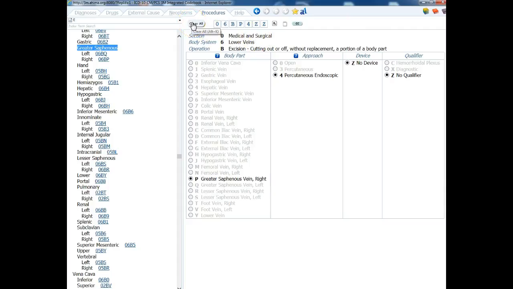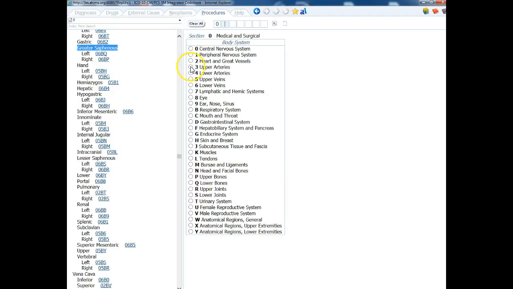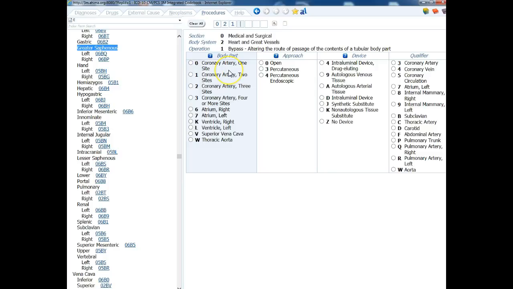So those are the 3 codes that we would use for our bypass procedure.